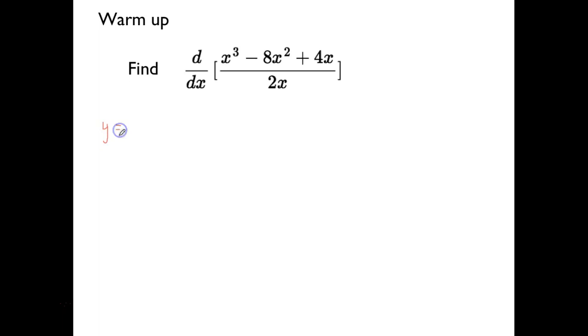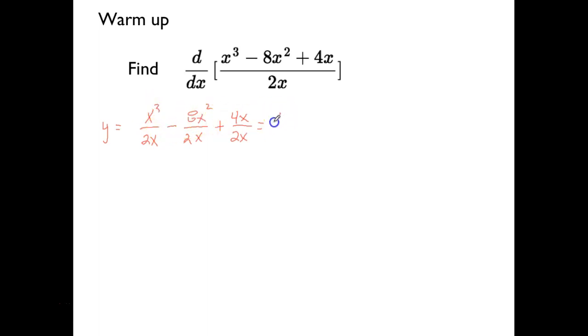I'm going to write y equals, since I'm just rewriting it, x cubed over 2x minus 8x squared over 2x plus 4x over 2x. And that can still be rewritten because you can simplify. So there's 3 x's up here, 1 x down here.